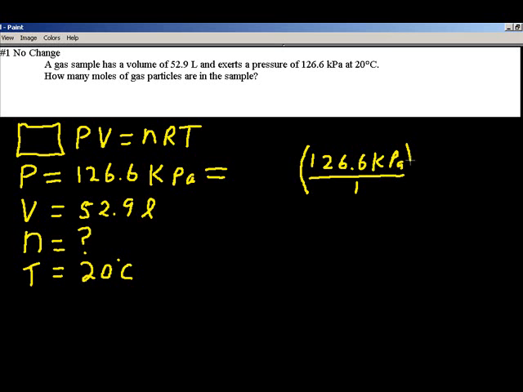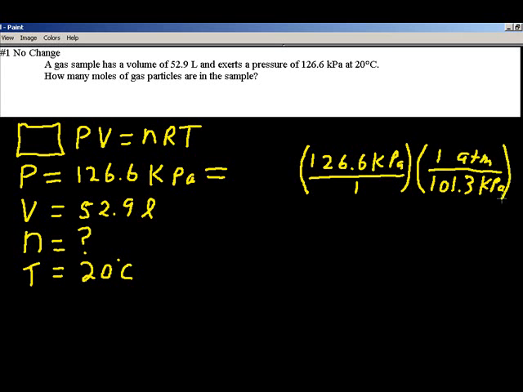Now, I have a unit ratio for this, and the unit ratio says that 101.3 kPa is proportional to 1 ATM.